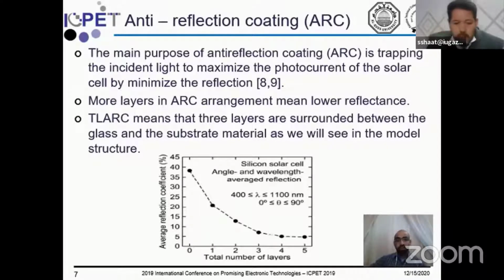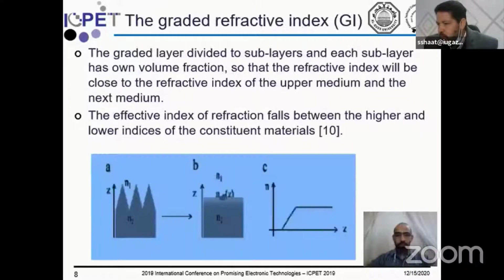anti-reflection coating layers increase. So, triple anti-reflection coating means that 3 layers are surrounded between the glass and the substrate material, as we will see in the model structure. The graded refractive index.